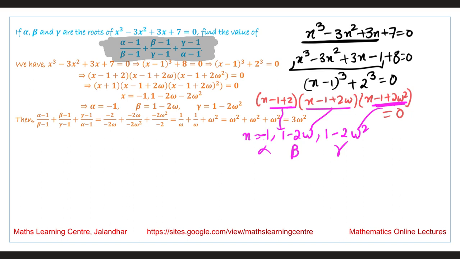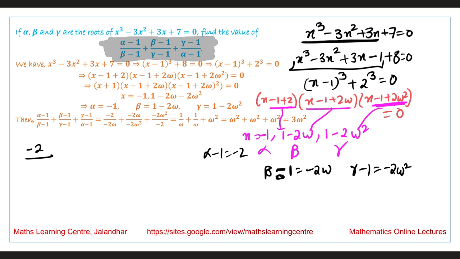If we substitute these values in this formula, alpha minus 1 is minus 2, beta minus 1 is equal to minus 2 omega, and gamma minus 1 is equal to minus 2 omega square.